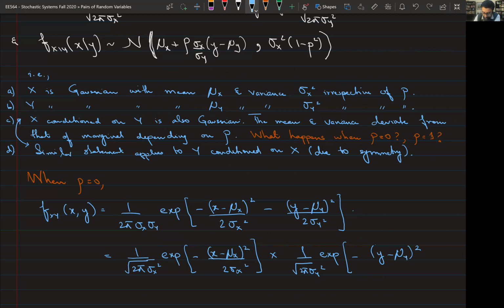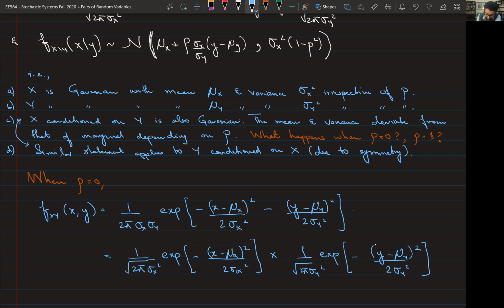e raised to the power minus (y minus mu y) whole squared divided by 2 sigma y squared, right? And what do you observe? This is just a product of the marginals, right? So this is nothing but what f_X(x) was, and this is nothing but what f_Y(y) was, right?